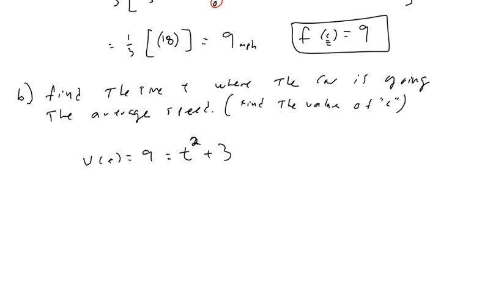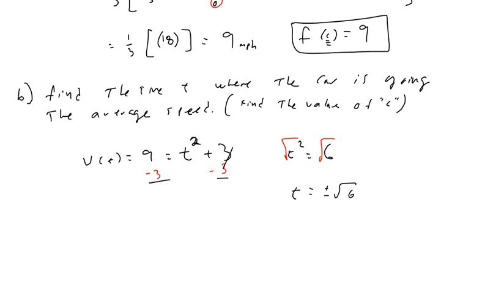Okay, I can solve this. Minus 3 on both sides. t squared has to equal 6. Do the square root. t is equal to plus or minus square root of 6.